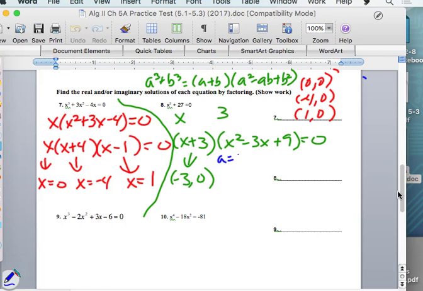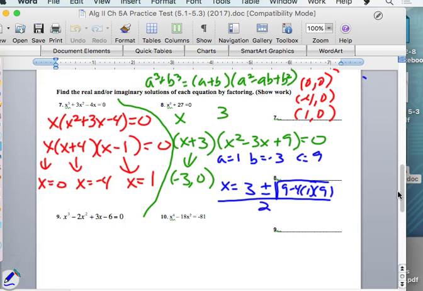So A is 1, B is negative 3, C is 9, and X equals negative B. So negative of negative 3 will be positive 3, plus or minus the square root of negative 3 squared is 9, minus 4 times 1 times 9, all over 2 times 1, which is 2. 9 minus 36. What is that? Negative 27. So x equals 3 plus or minus the square root of negative 27 over 2.